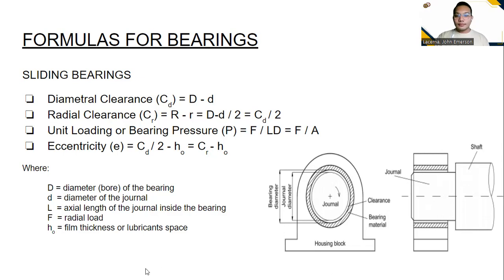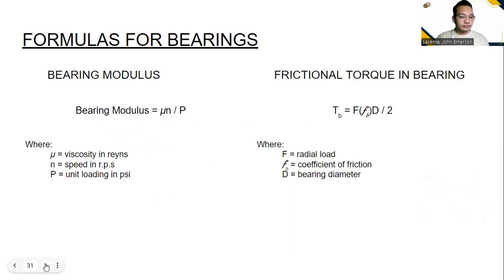So, yun. Balik tayo dito. We have 1 and 0.6, di ba? For example lang, on page 597 sa libro ni Peirce, itong black book na to, we have our table 8020, dimensionless performance parameters for full journal bearing.